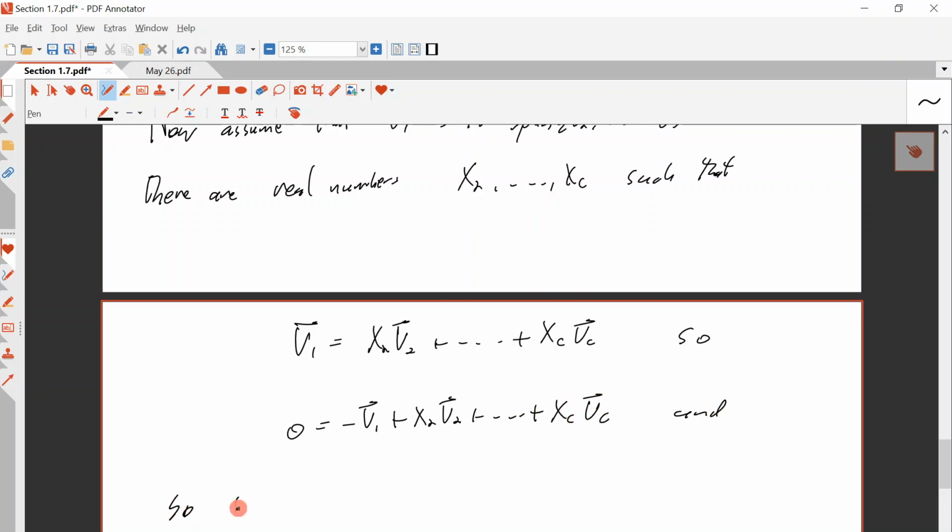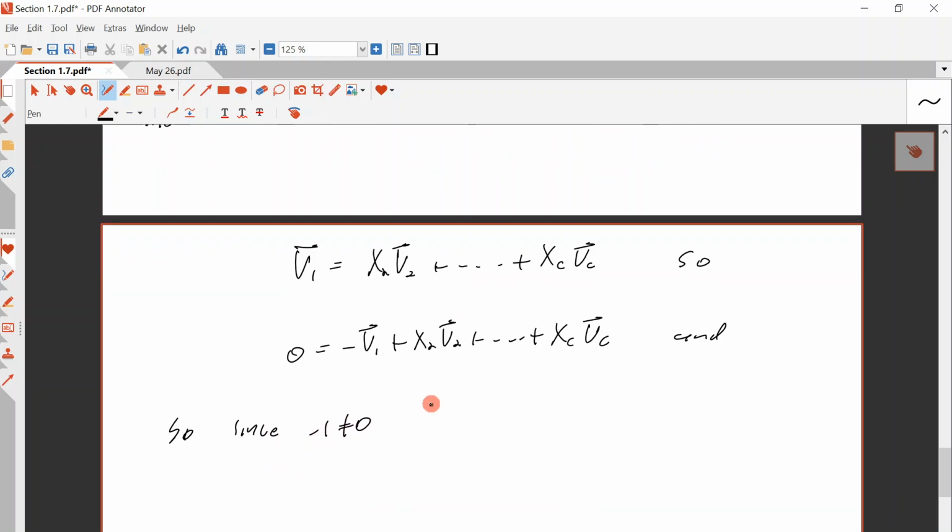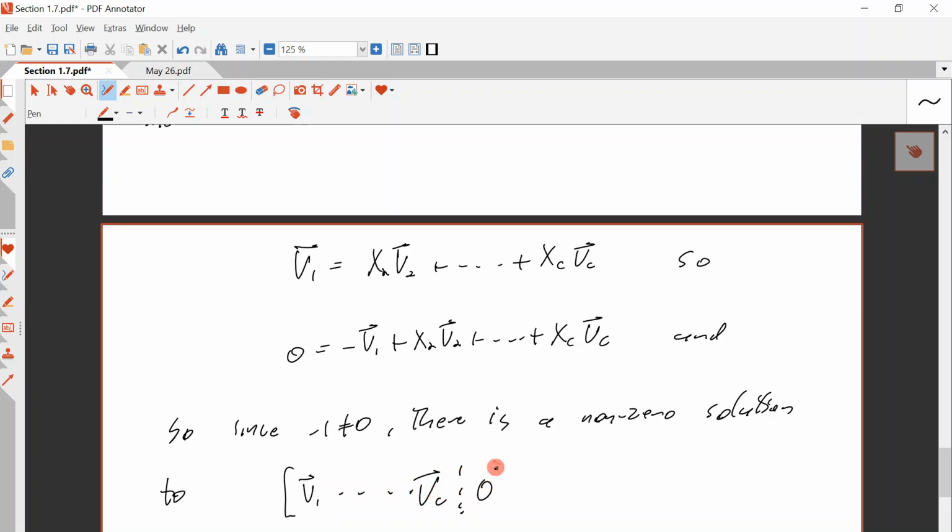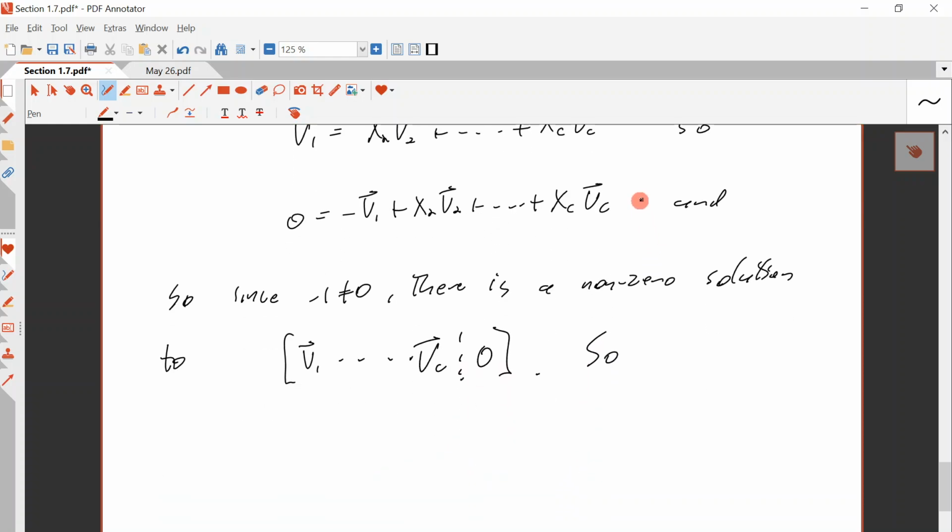And so since minus 1 is not equal to 0, there is a non-zero solution to this system of linear equations, v1 up to vc equal to 0. So v1 to vc are linearly dependent.